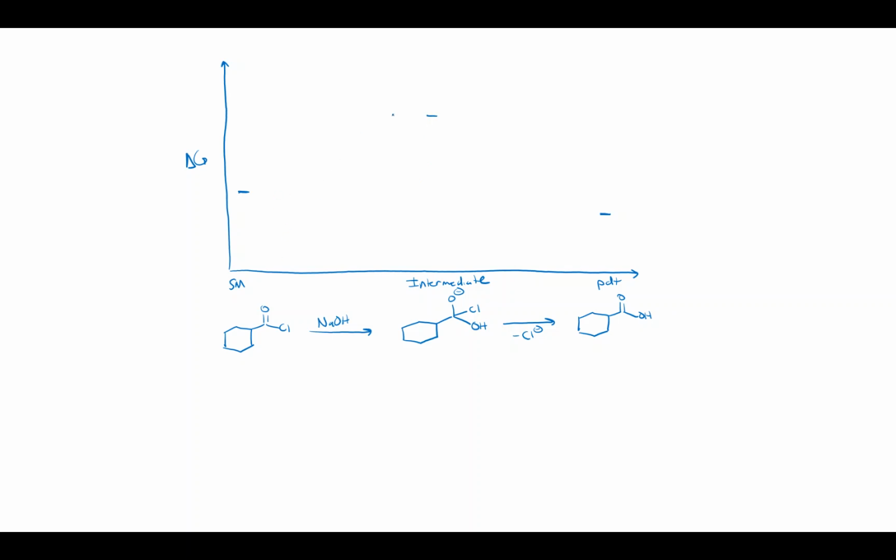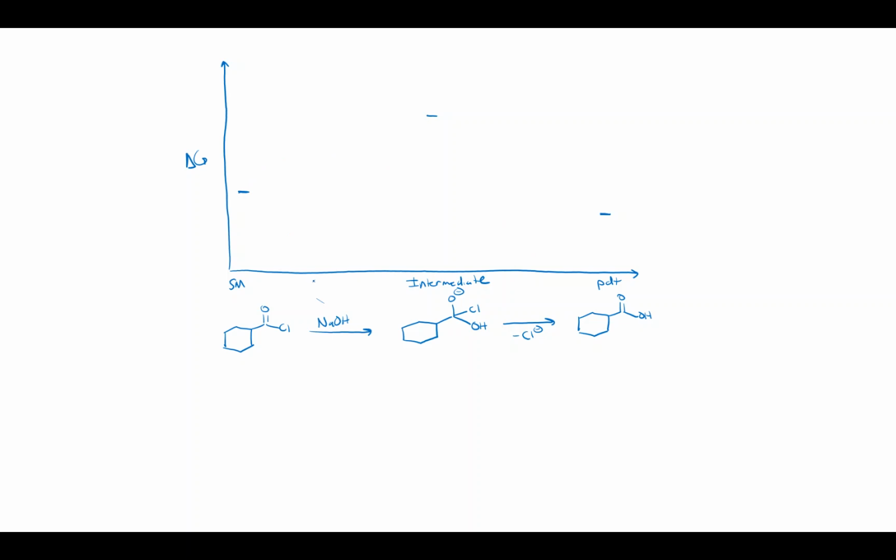Now, we have to travel from starting material to intermediate to product. We know that each step is going to have an activation barrier. So now we look at the relative activation barriers: which of these steps, going from acid chloride to intermediate or going from intermediate to product, is going to have the greater activation barrier?